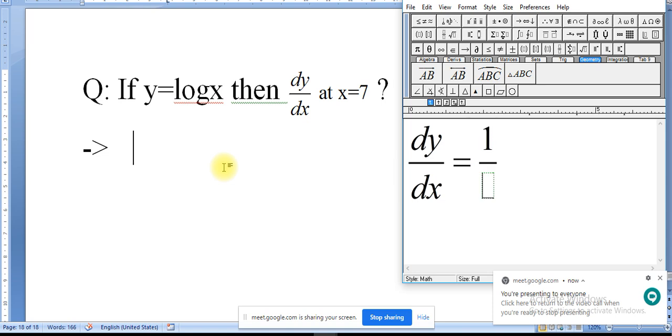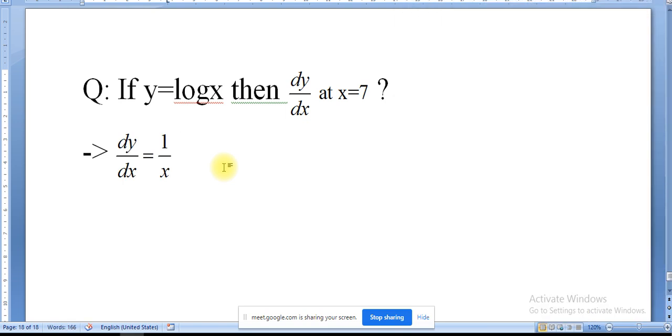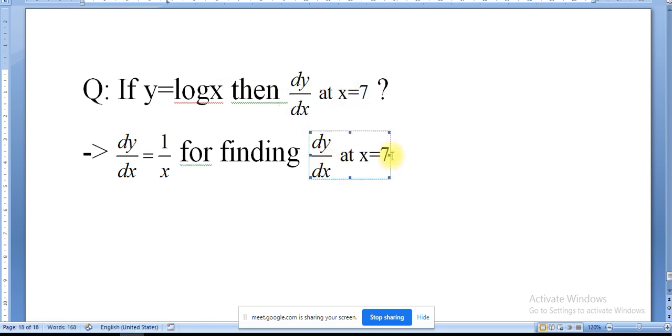Now this part is dy by dx. But for finding dy by dx at x equal to 7, just replace x by 7. So what we get is this.